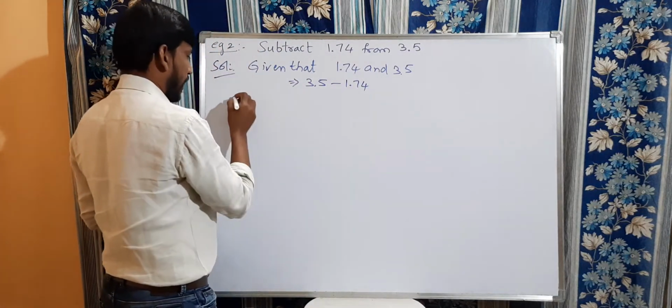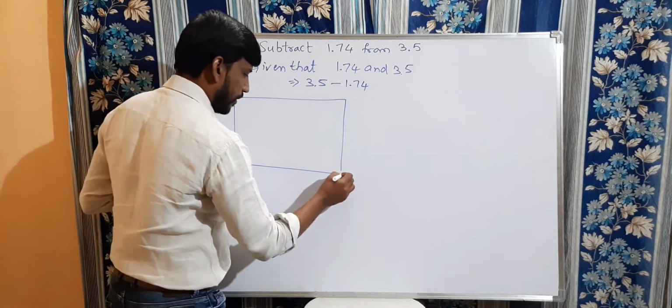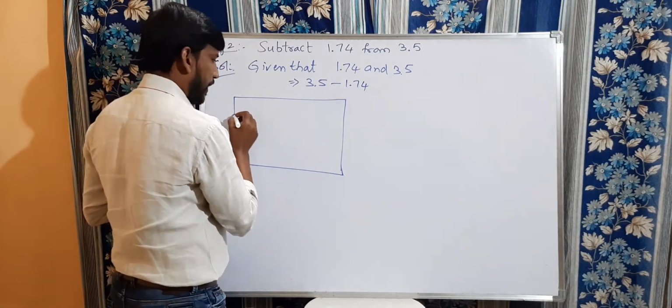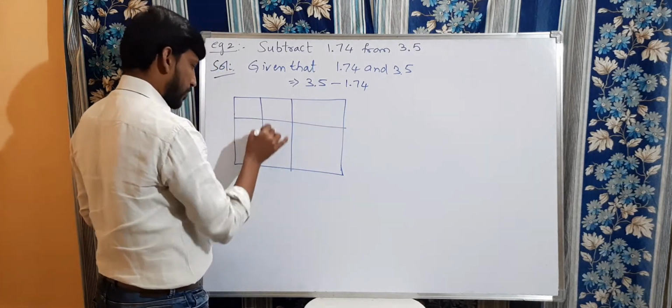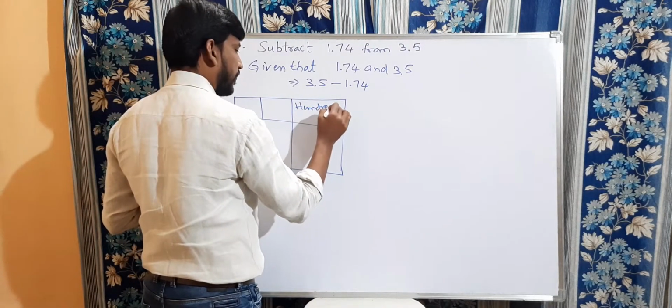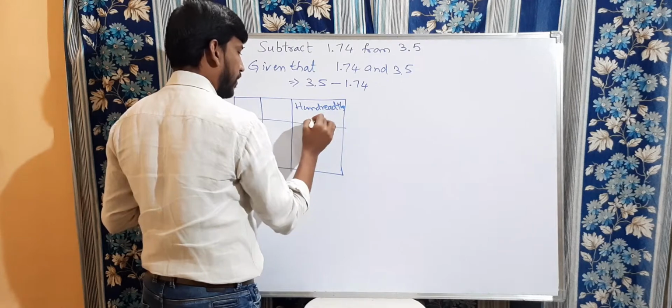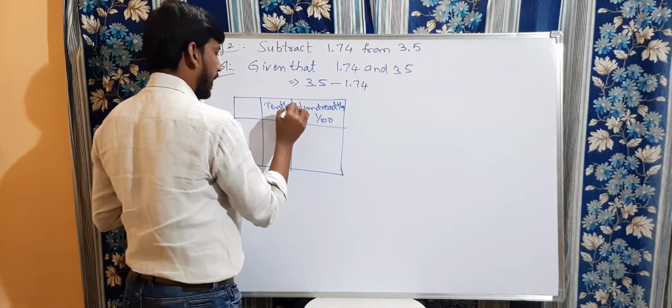Now draw the place value chart. Clear? We need to draw the 100th place, 10th place and 1's place. This is the 100th place, 1 by 100. This is the 10th place, that is 1 by 10.